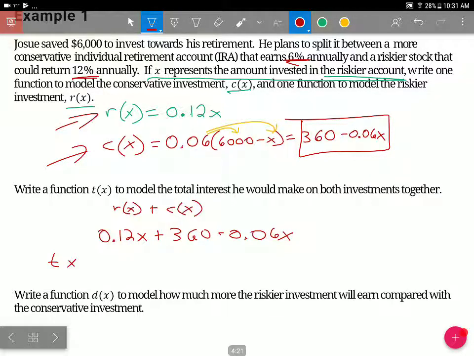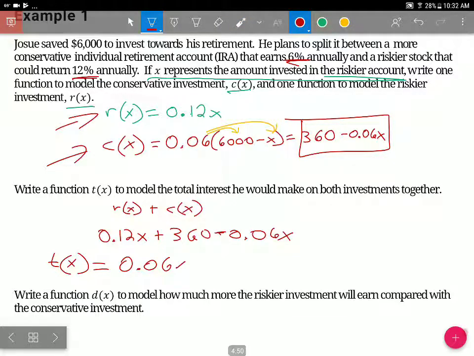So your total is, start combining. How many x's do you have? 2. Add them together, though. How many do you have? It is a negative. It's not 0.6, it's 0.06, because 0.12 minus 0.06 is straight up 0.06.